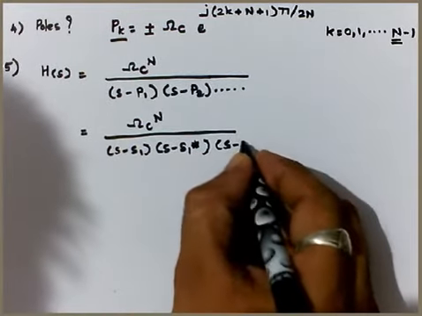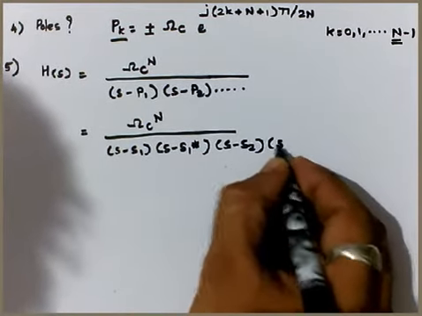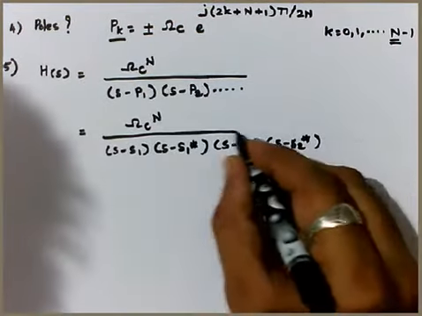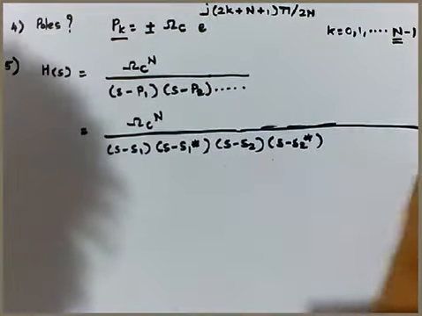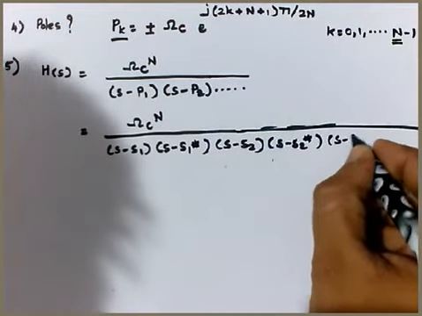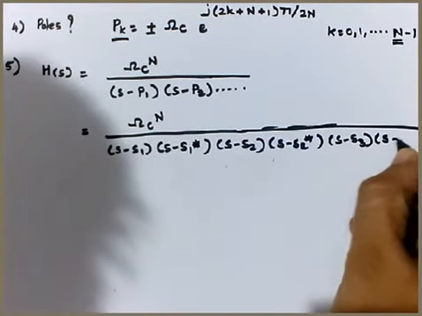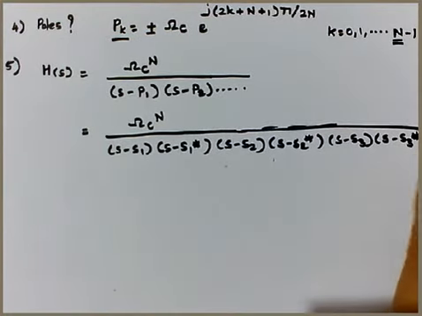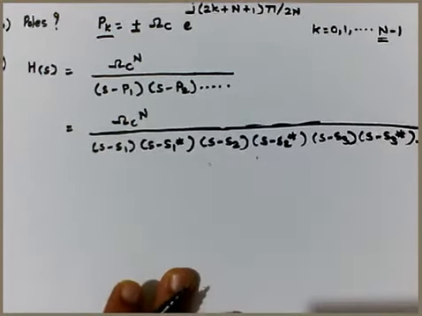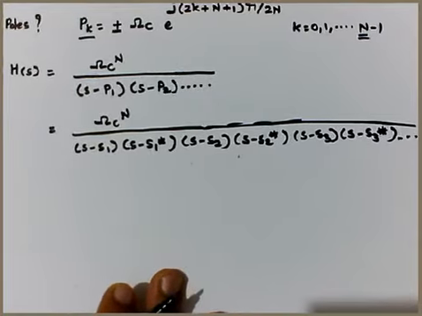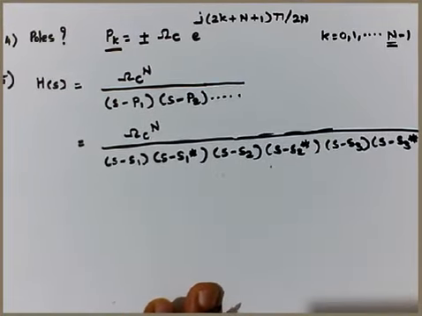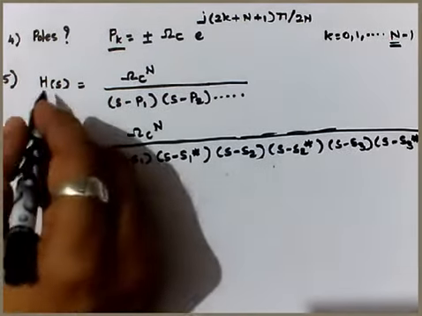Similarly, (s minus s2)(s minus s2 star), and further (s minus s3)(s minus s3 star). This star indicates a conjugate, and we can extend it likewise. This is how step number 5 gives the analysis of H of s.